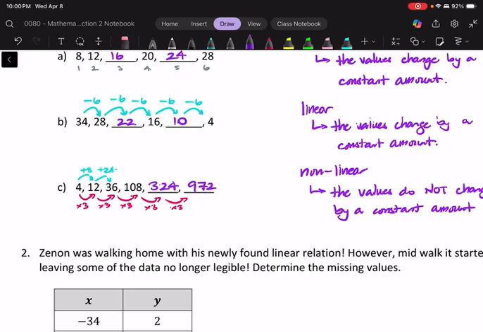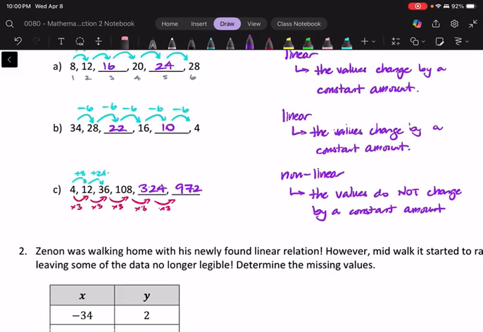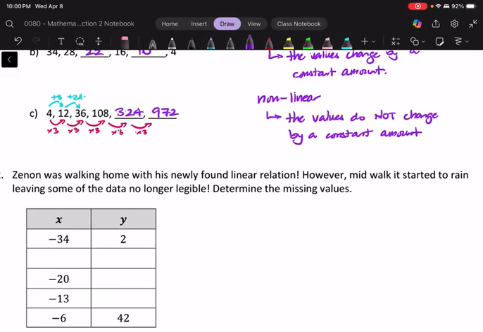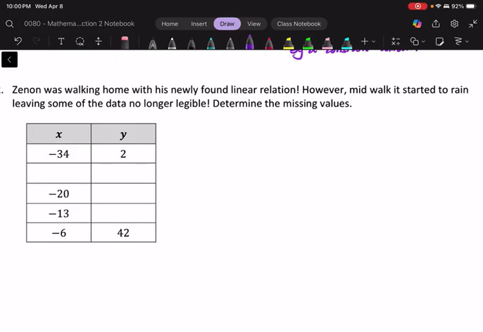And then finally, we have this linear relation that Zenon had. Zenon was walking home with this newly found linear relation. Mid-walk, it started to rain. And some of the data was no longer legible. We have to fill in the missing values for poor Zenon since he didn't put everything in a waterproof backpack. Rookie mistake. But we know it's linear, which means our rate of change from row to row has to be constant.